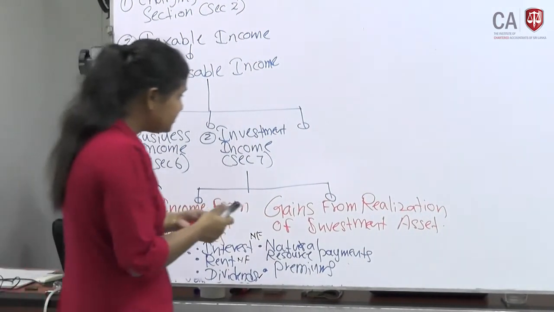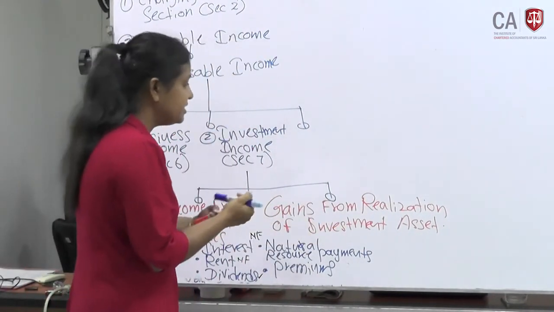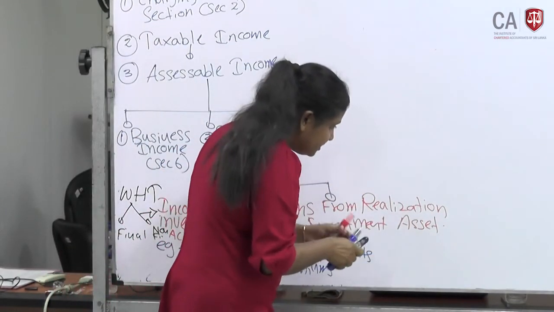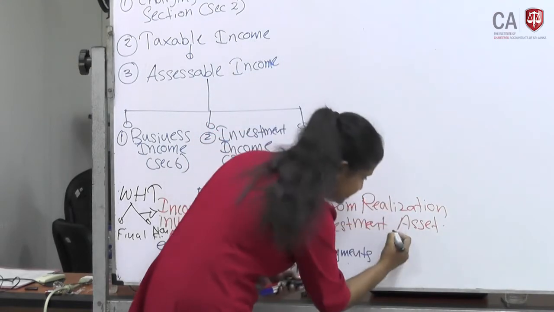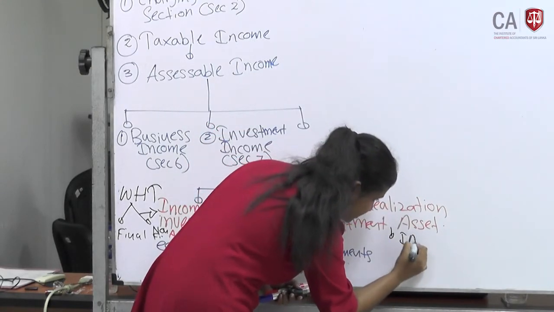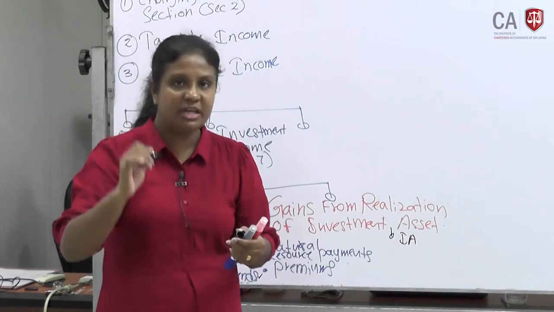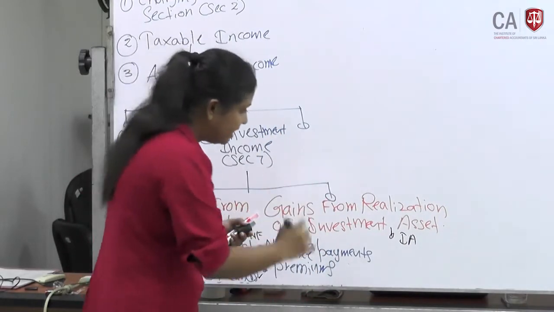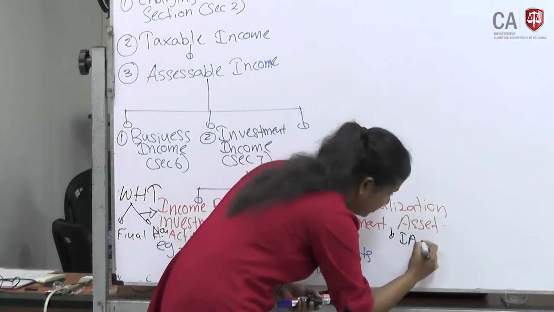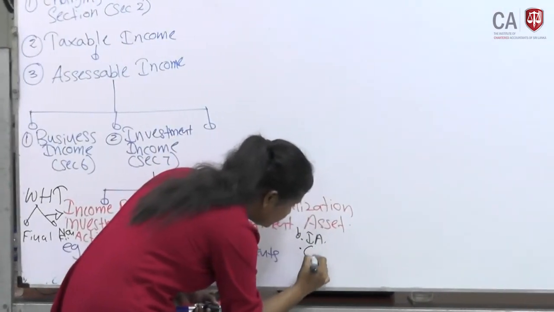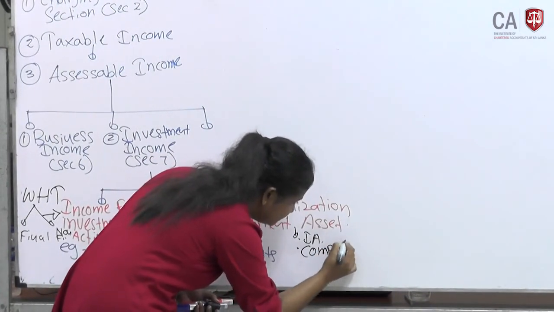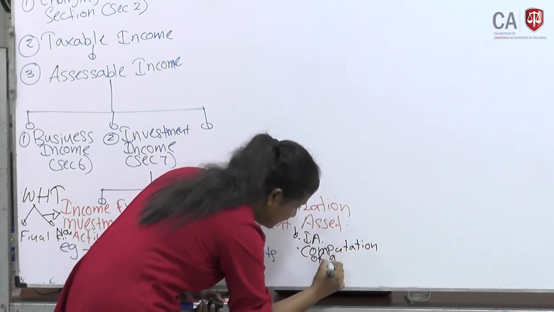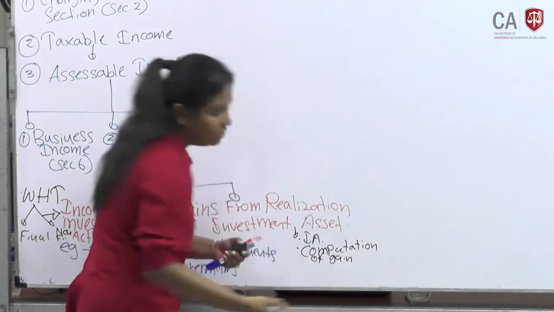Then gains from realization of investment assets. First, you need to recognize this as an investment asset, as per the definition given in section 195 of the Act. If so, the second step is computation of gain; there may be a loss also.